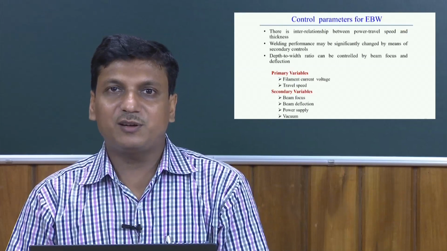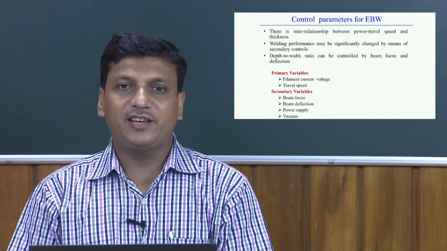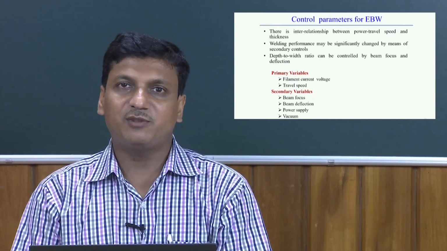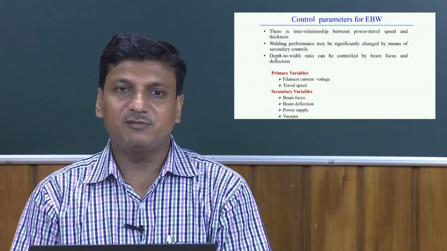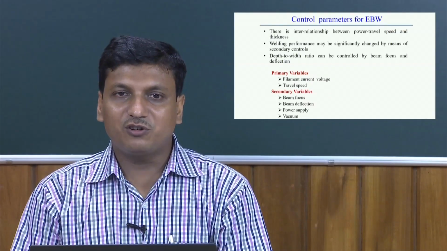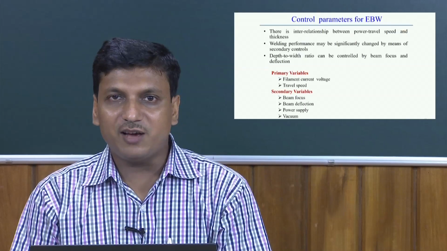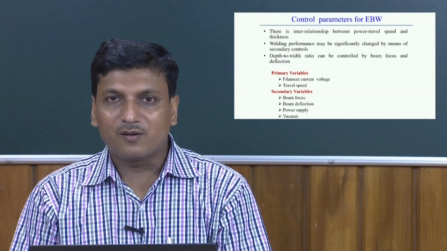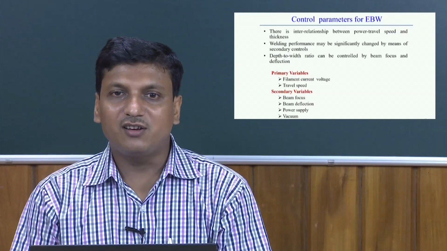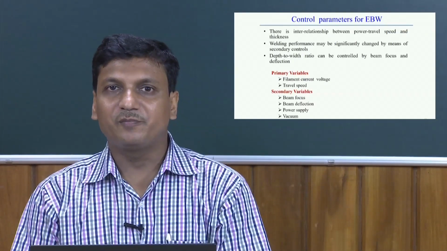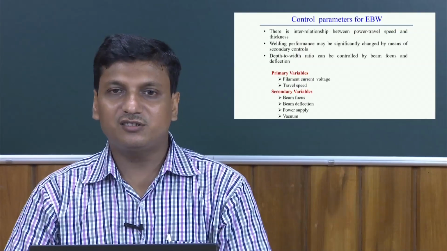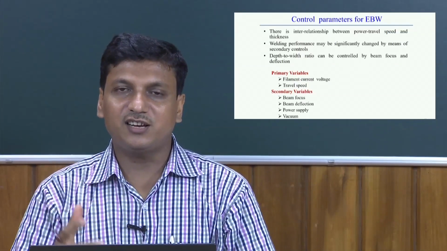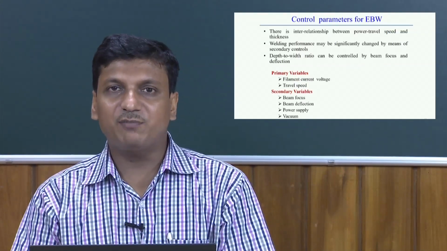But of course, the performance of the welding can change significantly by varying the secondary variables. The most important thing is that the depth to width ratio can be controlled by the beam focus and the deflection of the beam. These are the two parameters that influence the depth to width ratio.